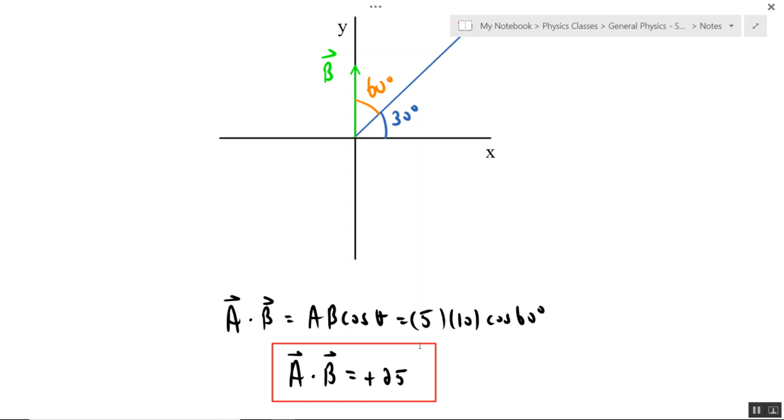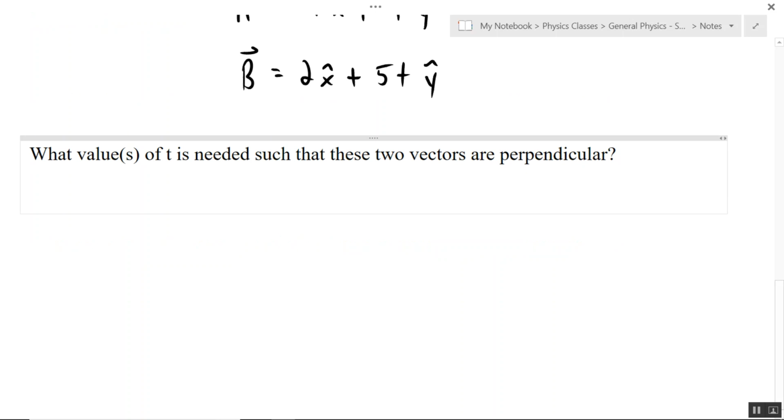Okay, so let me just mention that. When a dot product is 0, vectors are perpendicular. This would be a pretty hard thing to do if you didn't know about the dot product, right? I mean, you can do it geometrically, but it'd be kind of hard to do.